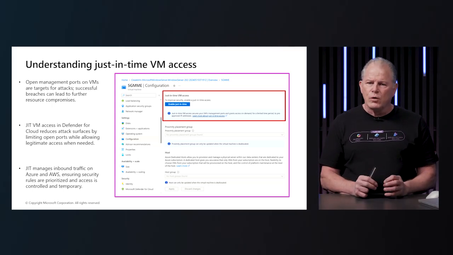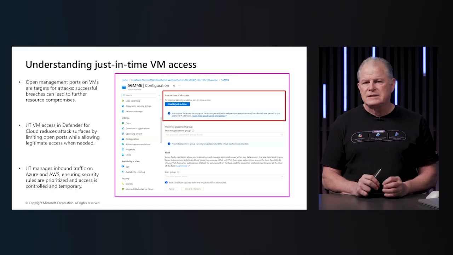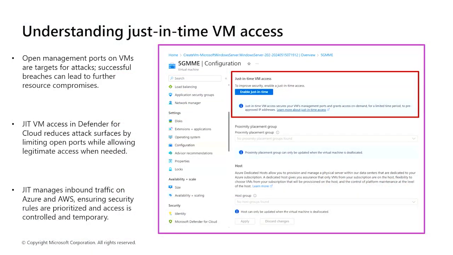JIT VM access works by blocking inbound traffic on specific management ports until access is explicitly requested and approved. When a user requests access, Defender for Cloud checks their Azure Role-Based Access Control, or RBAC, permissions, and if the request is approved, the necessary network security group, or NSG, and Azure firewall rules are temporarily configured to allow inbound or outbound traffic from the specific IP address for a limited time.